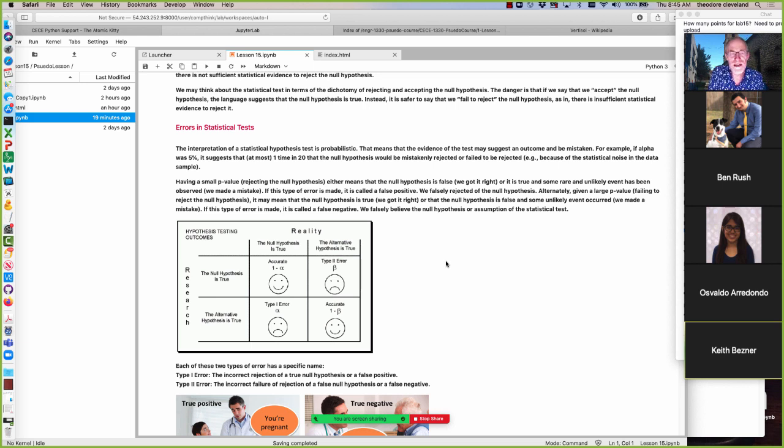So let's look at the kinds of mistakes that we can make. Because the result of a test is itself a probabilistic outcome, that means that the test may suggest a particular outcome and in fact be incorrect. So if you've heard the terminology false negatives and false positives, that's quite common, especially in medical research.